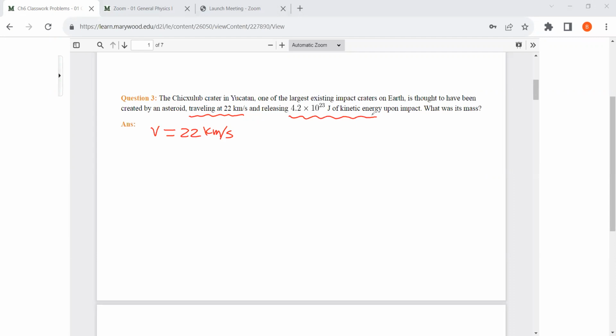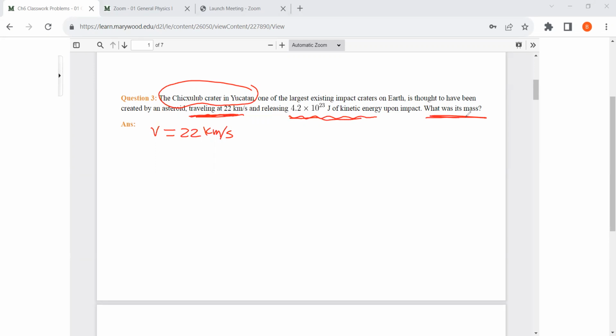It says that some asteroid hits the ground here, and while hitting the ground it releases this much kinetic energy. So we have to calculate its mass.